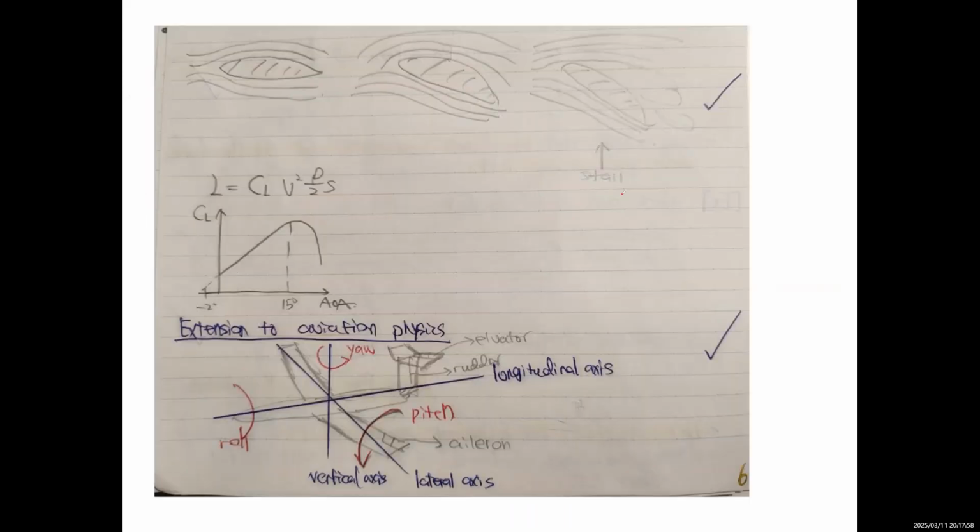Now here's some extension to aviation physics, which is about angle of attack. Angle of attack, or AOA, means the acute angle between the chord line of the wing and the relative wind. So what is the chord line?